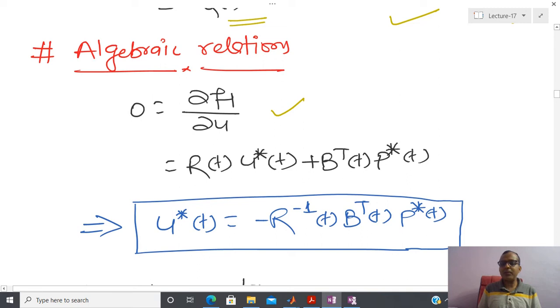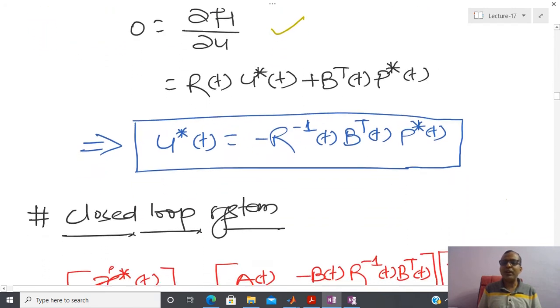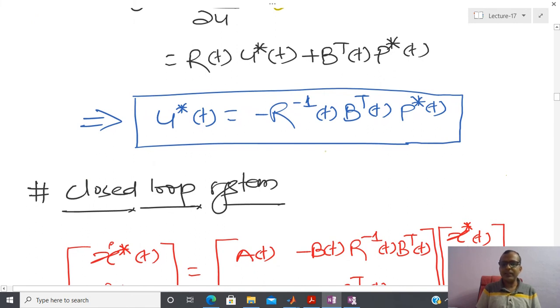Now our problem is almost solved, just because I know what is my R inverse and what is my B transpose. R inverse I can take from the performance measure, B transpose I can take from the system equation. Now I just have to define P_t.